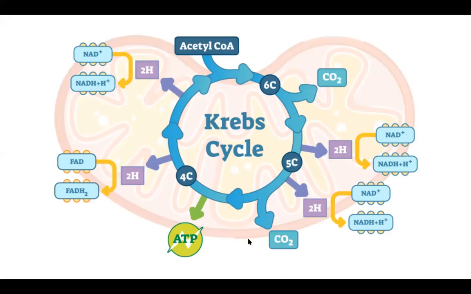But what you'll notice is that each time the number of carbons decreases, it's because carbon dioxide is released. So the Krebs cycle is the major site of carbon dioxide release, as well as it creates a whole bunch of charged electron transporters. So here we have NADH, here we have FADH, and more NADH.